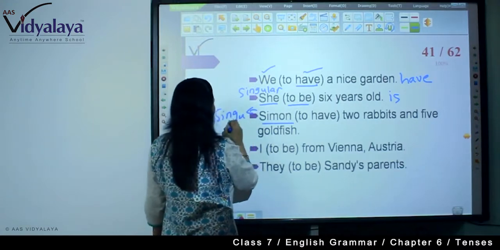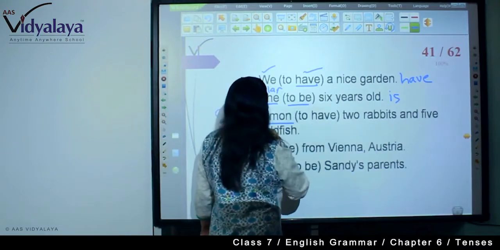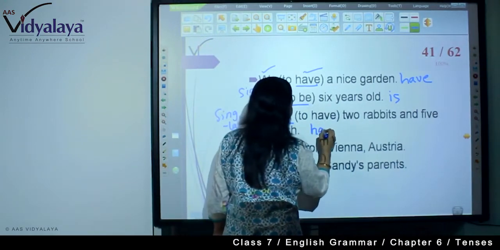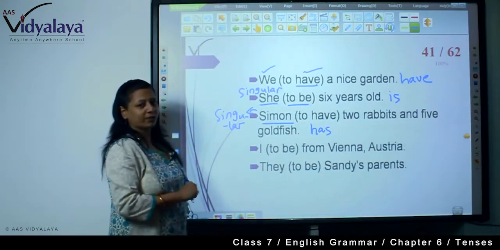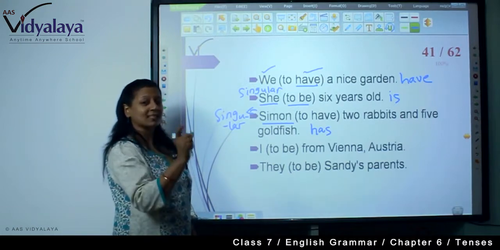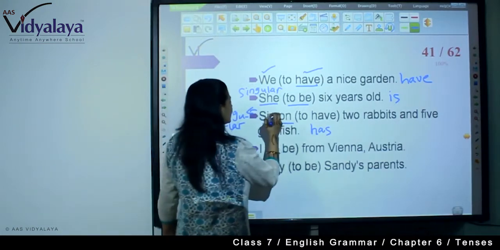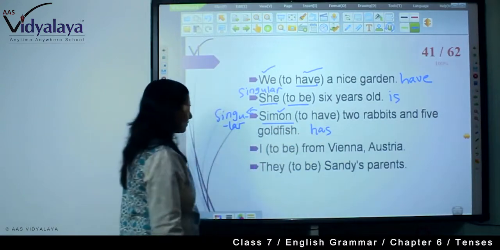So what will you write? Simon has 2 rabbits and 5 goldfish, because we have to agree the verb with the subject. Here the subject is Simon, so this will be has.